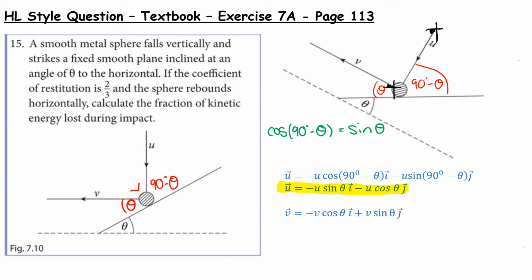There would only be a change in the j direction. So another way we could write v would be minus u sine theta i, and then there would be a change in the j direction, so we could call that just like xj.